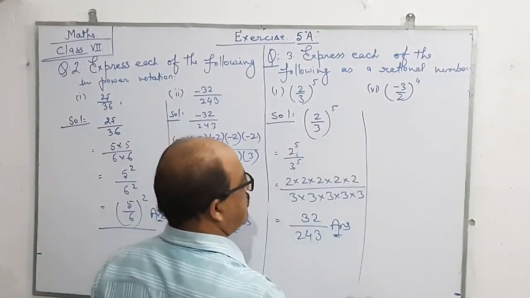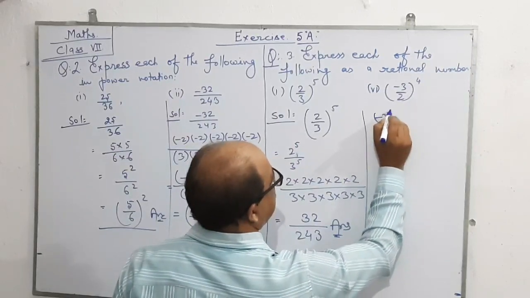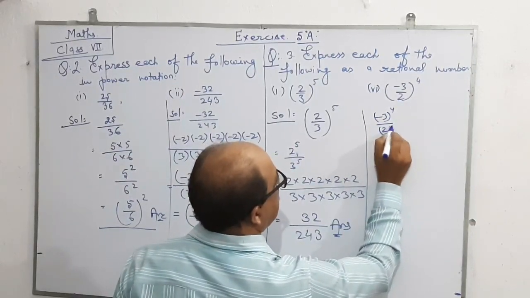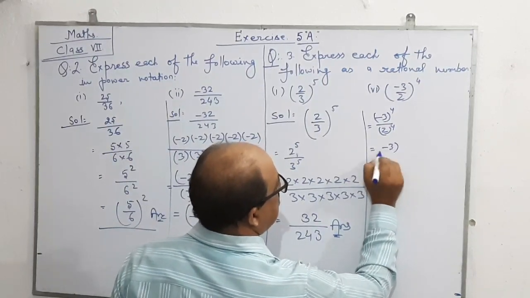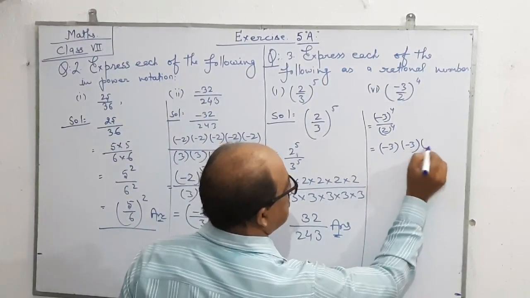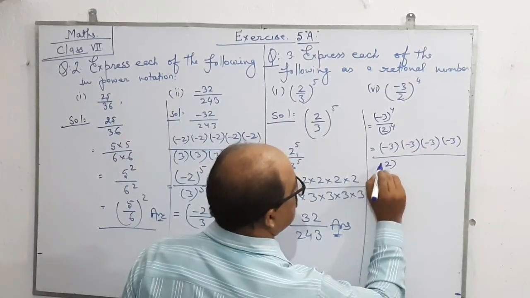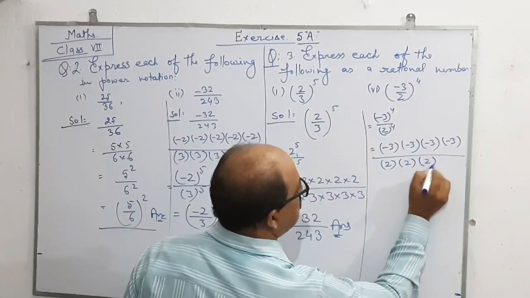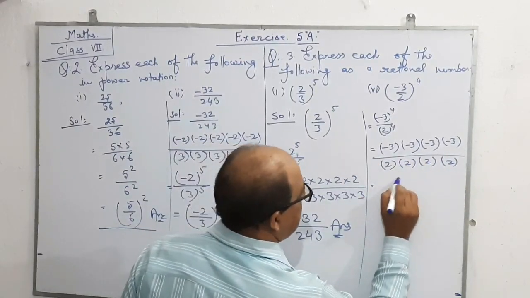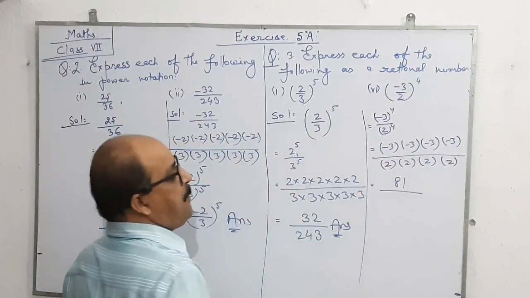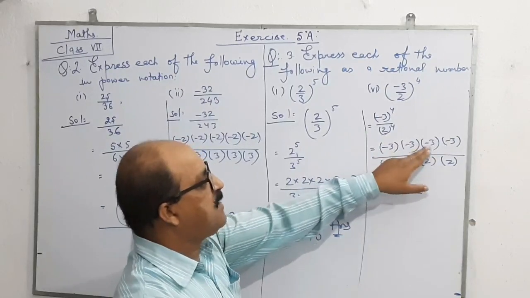Now next one, minus 3 to the power 4 by 2 to the power 4. So minus 3 will be multiplied here 4 times, by 2 also it will be multiplied here 4 times. 3 3 are 9, 9 9 are 81, and it becomes plus 81, because minus minus plus, plus minus minus.